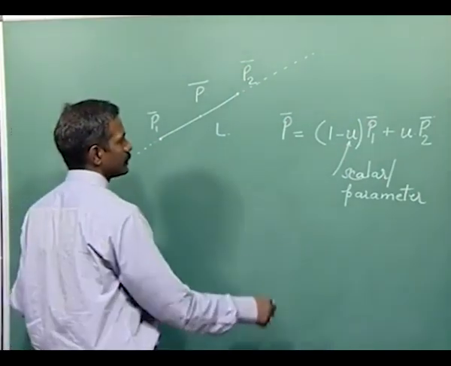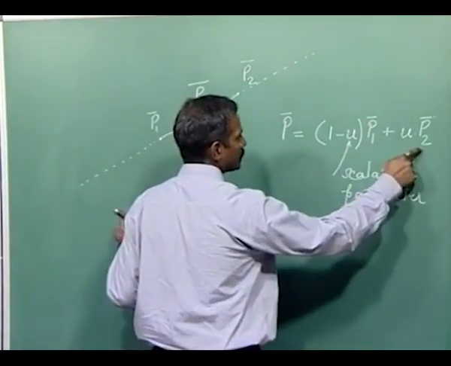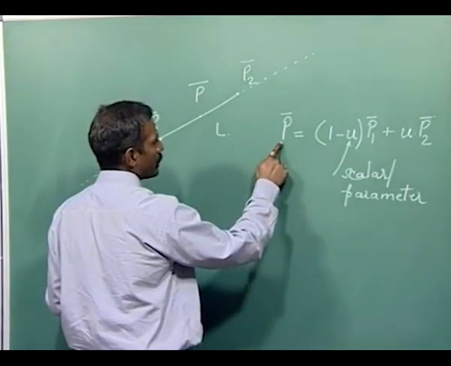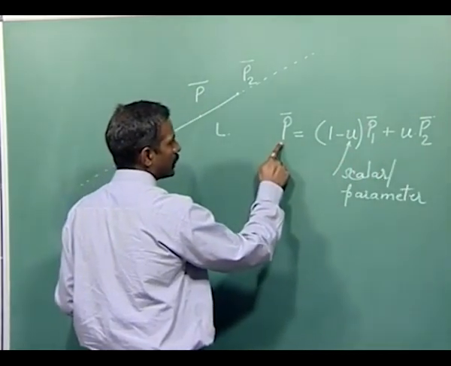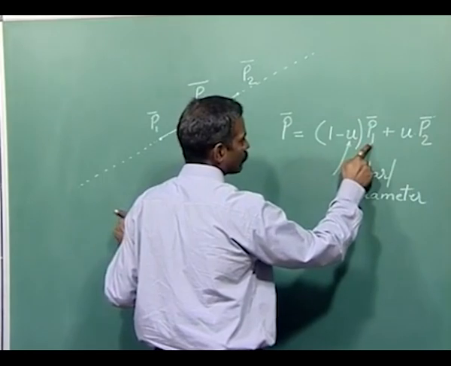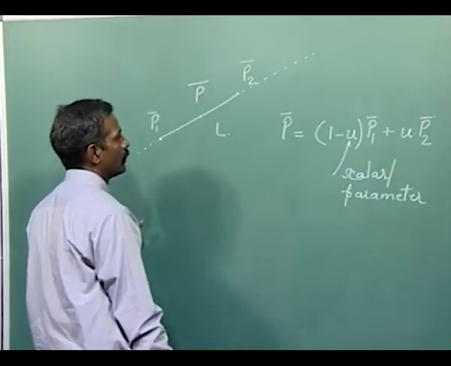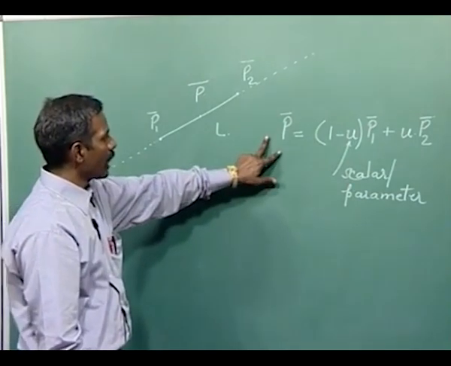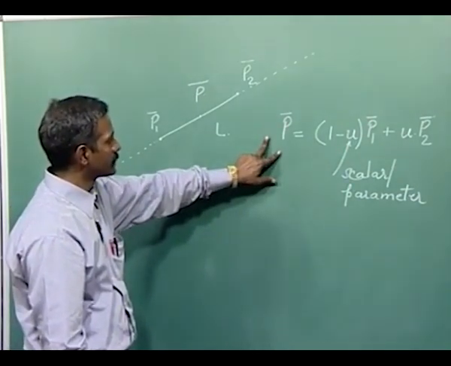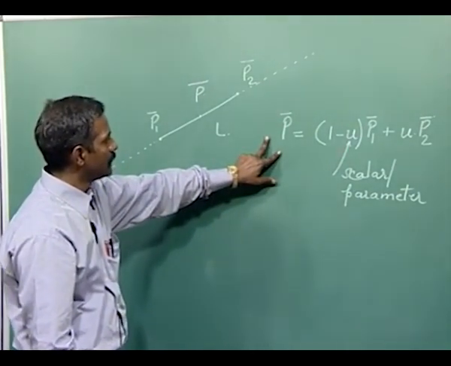In a sense, this relation describes point P as a linear combination of position vectors P1 and P2. We are going to be witnessing these relations quite a few times later in the course.